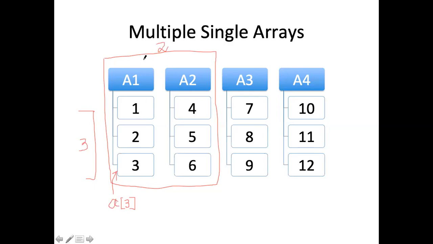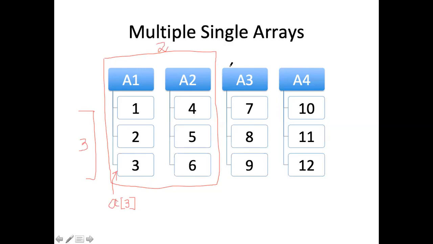Okay? Similarly, if I include A3 into this, it would be a 2-dimensional array of size 3x3, and if I include A4, this would be a 2-dimensional array of size 3x4.